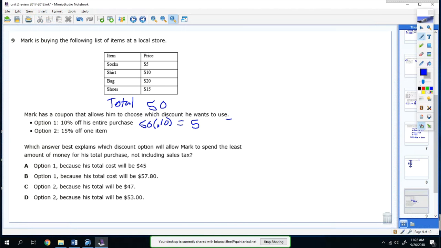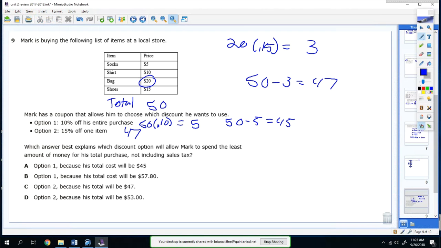So to find his new total, you do 50 minus 5, which is 45. So that's option 1. Option 2 is 15% off one item. Well, you would take 15% off the largest item. So you would do $20 times 0.15, which is $3. So you would save $3 from the total, which would be 47, because you would do 50 minus 3, which is 47. So the answer would be A.